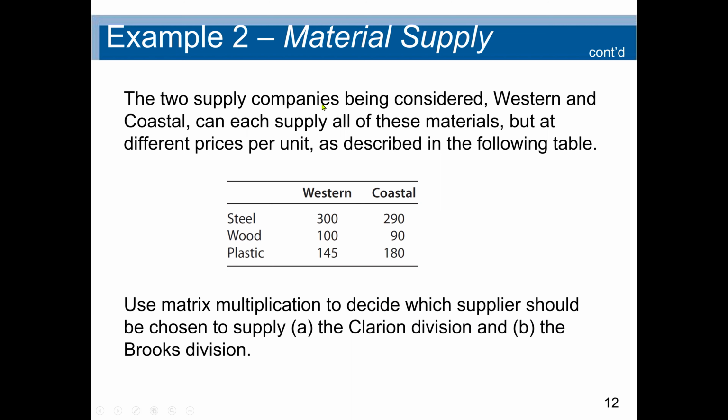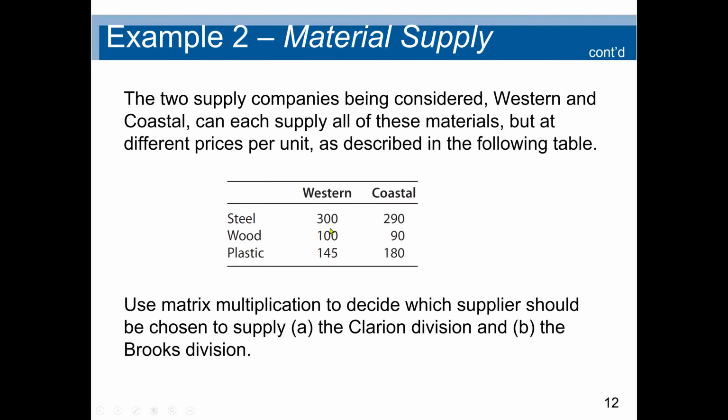There are 2 supply companies considered, Western and Coastal. And this is the amount of items they generate. Now they say we should use matrix multiplication to decide which supplier should be chosen to supply A, the Clarion division, and B, the Brooks division.